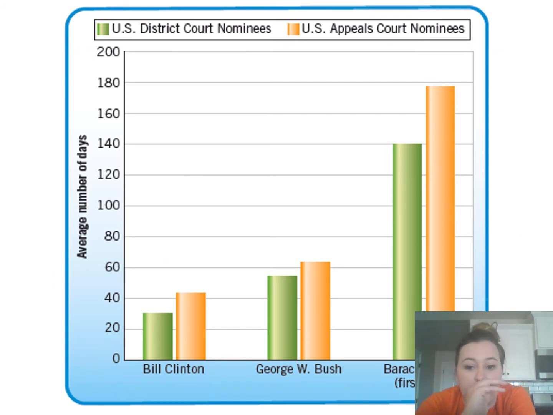And then you can see a huge difference between the presidencies of Bill Clinton and George W. Bush as compared to Barack Obama, and the length of time that it took to actually get from appointment to approval.